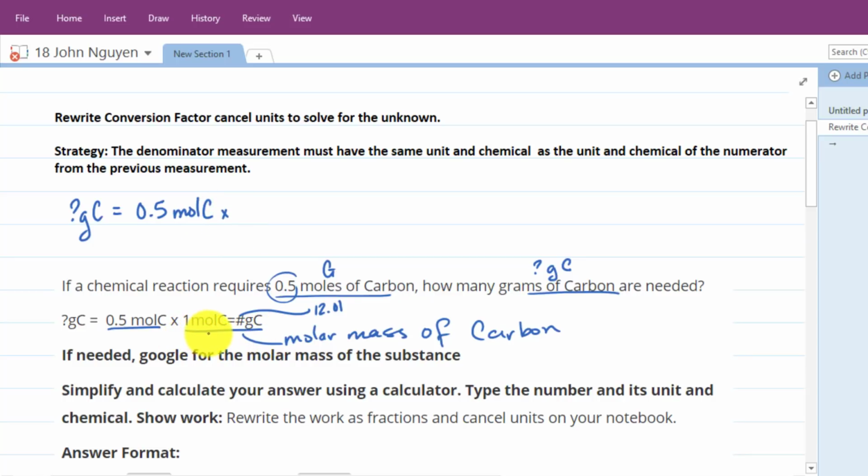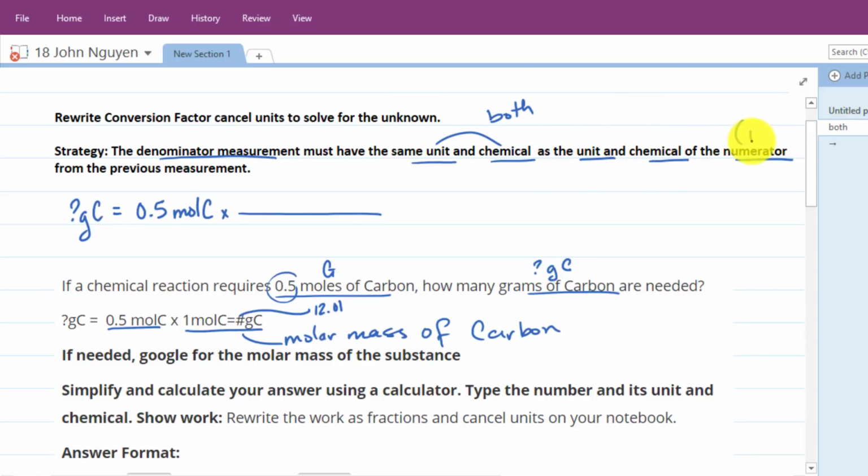Notice that this conversion factor is not like the given, which only has one measurement. The conversion factor has two measurements. The question is this: if we rewrite this as a fraction, which one goes on the bottom? Is it the 1 mole of carbon or the number of grams of carbon? Well, the strategy is this: the denominator measurement must have the same unit and chemical, both of them, as the unit and chemical of the numerator.